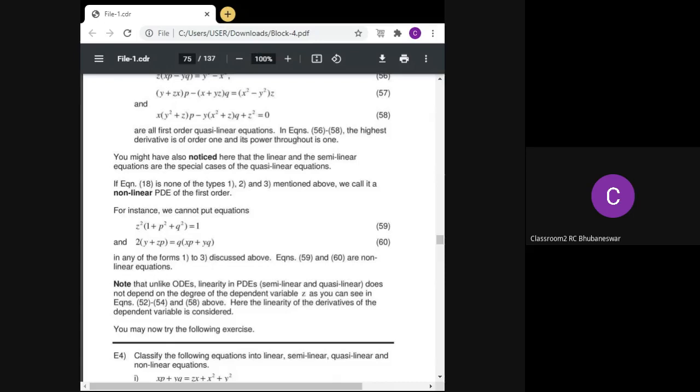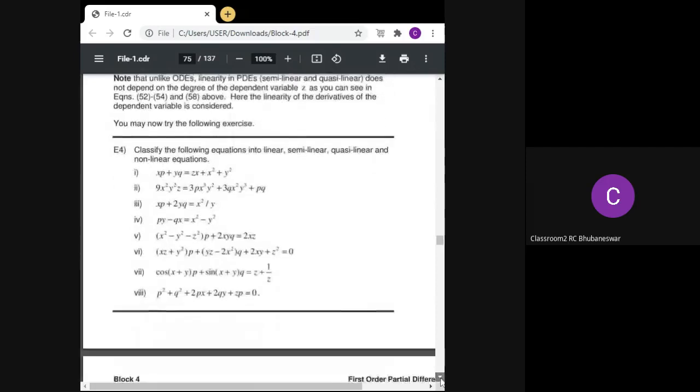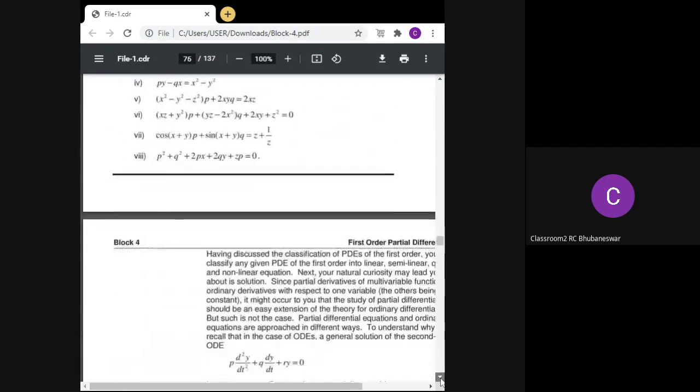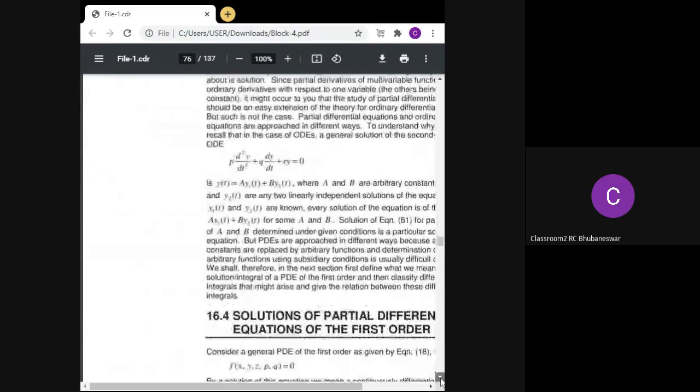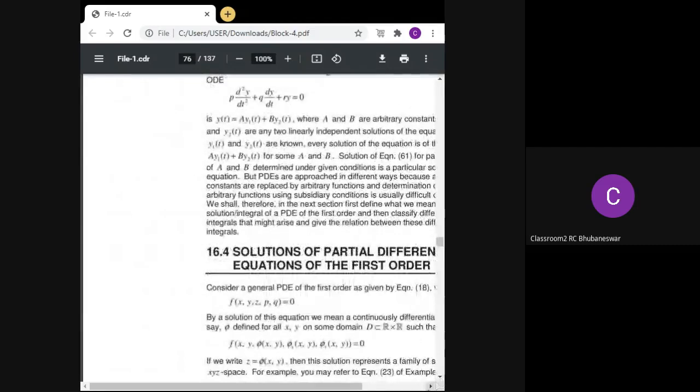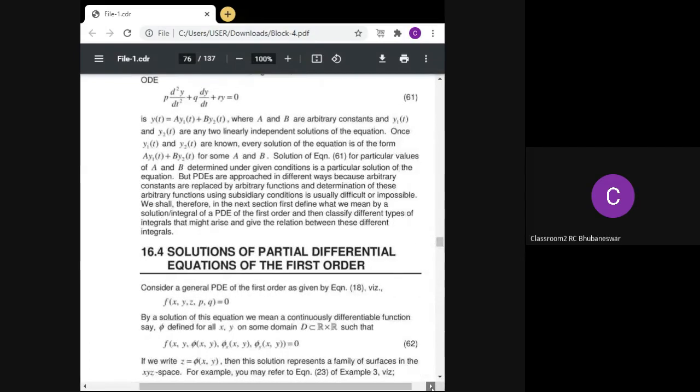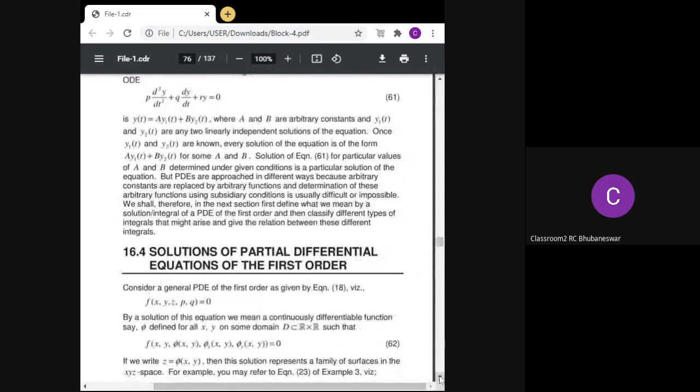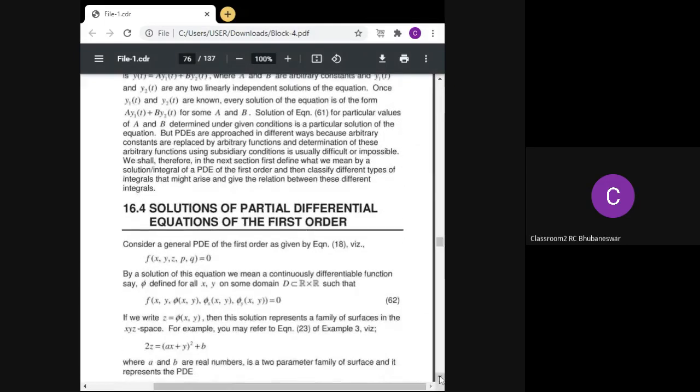So till now we have discussed the origin and classification of first order partial differential equations, and in classification we majorly focused on three types: linear, semi-linear, and quasi-linear. If a partial differential equation is none of these three kinds, then it must be a non-linear partial differential equation of first order. After discussing the classification, we are moving towards page number 76 to discuss the solution procedure and the different types of solution that exist in first order partial differential equations.